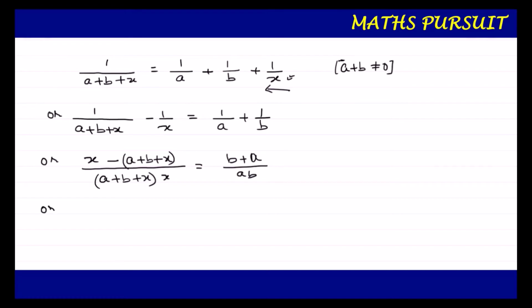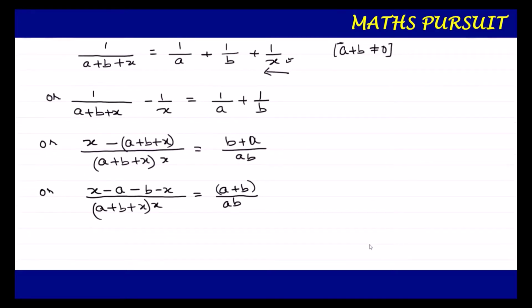Or I can write the above equation as x minus (a plus b plus x) upon (a plus b plus x) into x is equal to, let me rearrange the equation, instead of b plus a, I am writing a plus b upon ab. This is what I got as the right side of the equation.